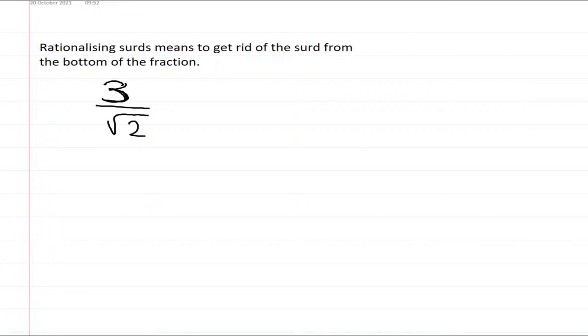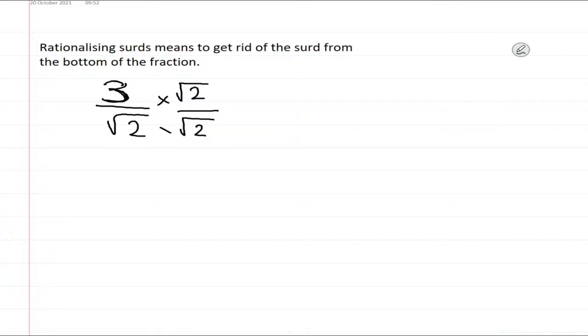But I don't just times by 1 as in timesing by 1. I times by something that is 1 but looks like something else. And what I times by is root 2 over root 2. What is root 2 divided by root 2? What's 10 divided by 10? 1.